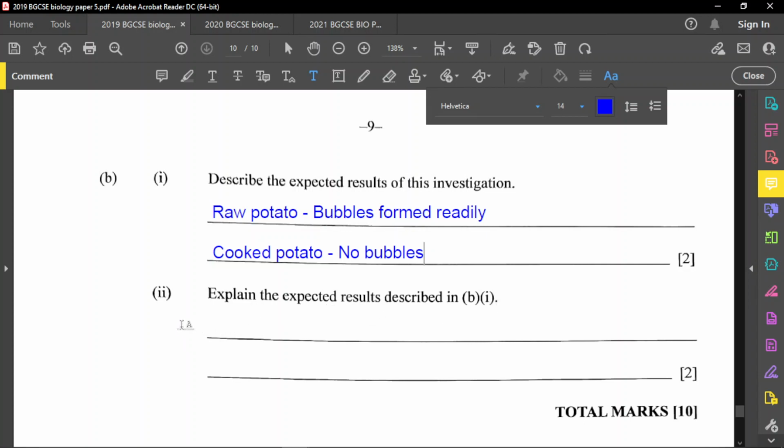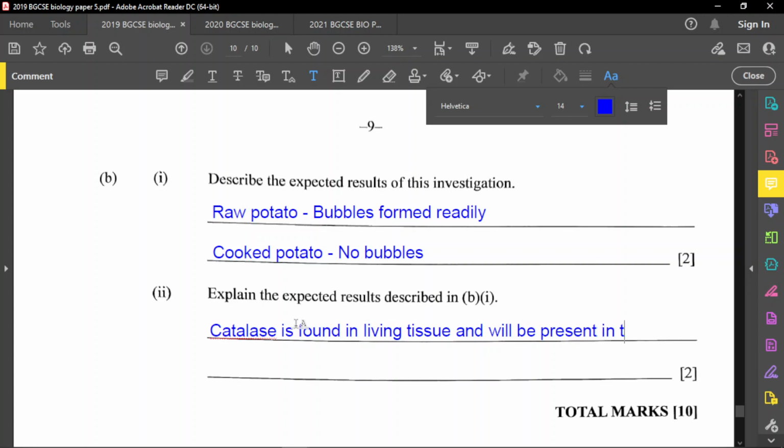So, explain the expected result described in B1. This is where you're going to explain it now. You're going to say that the catalase will work in the raw potato because it's found in living tissue. So let's say the catalase is found in living tissue and will be present in the raw potato.